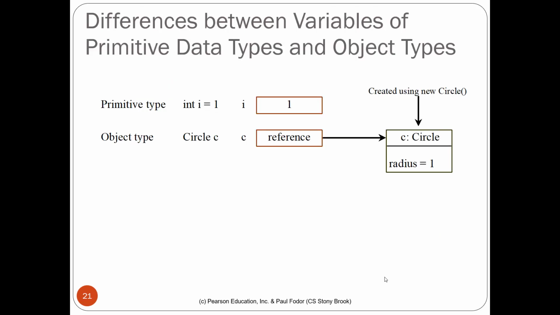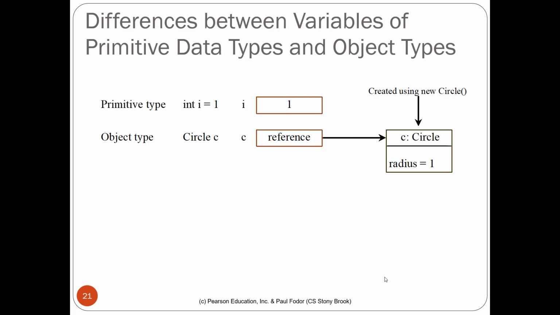Now let's look at this interesting difference between primitive data type variables and reference variables. Whether it is a primitive variable or a reference variable, they store values.